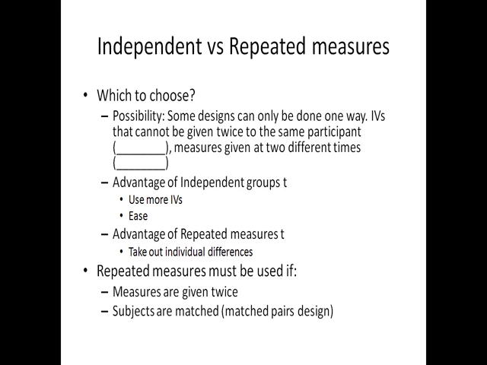So some independent variables cannot be given to the same participant. For example, there are certain social psychology experiments in which once a participant has received an independent variable manipulation, they then know details of the experiment, so you can't necessarily run them back through the same experiment a second time in the control condition, because there would be crossover effects on the different conditions. So we have to test different participants.